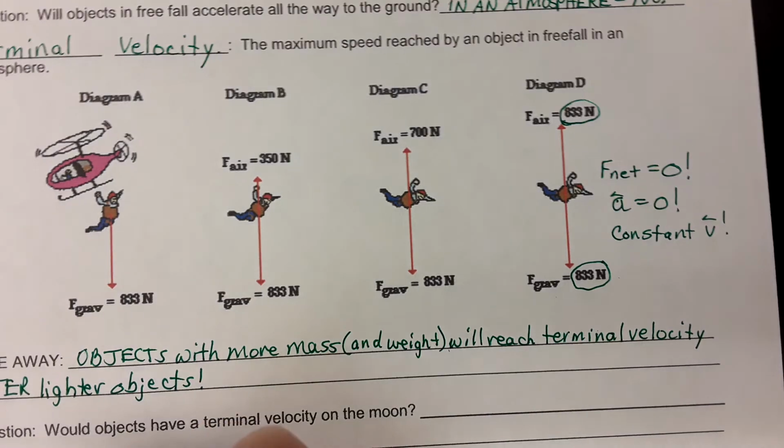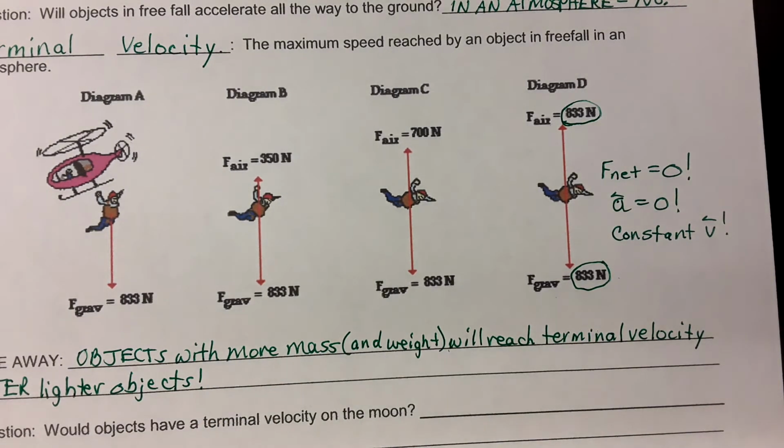Okay? So objects with less mass and therefore less weight will reach terminal velocity first, and heavier objects with more mass and weight will reach terminal velocity later, and therefore they'll be traveling faster because they took longer accelerating.